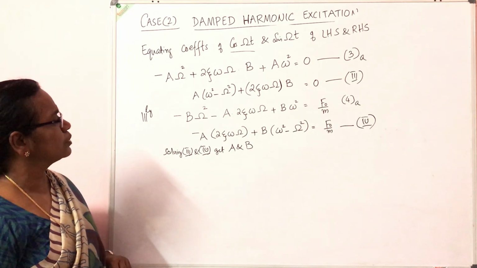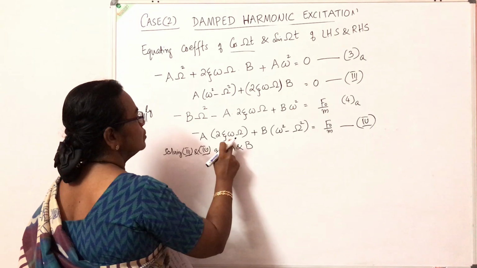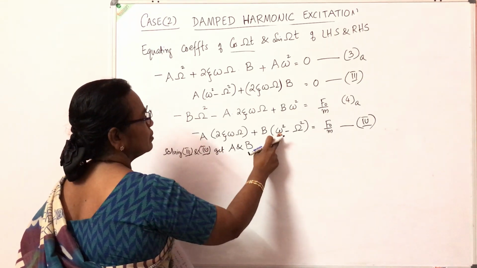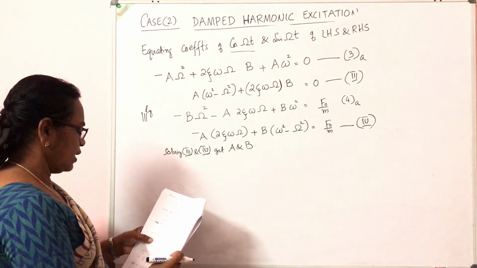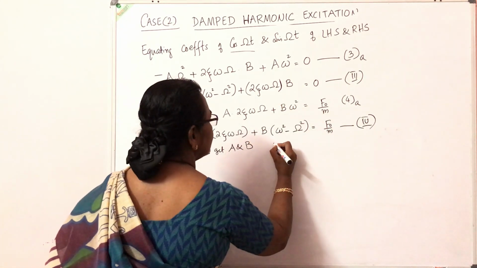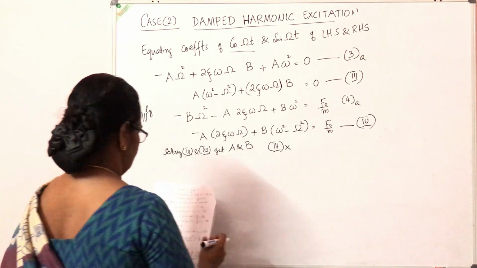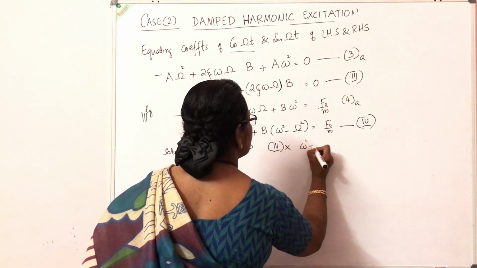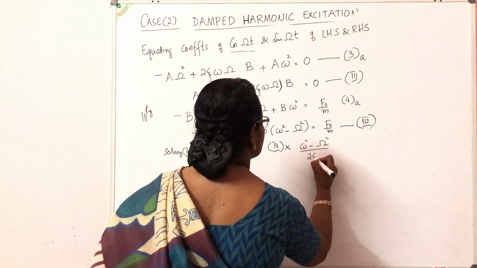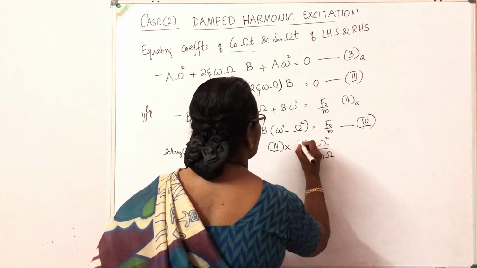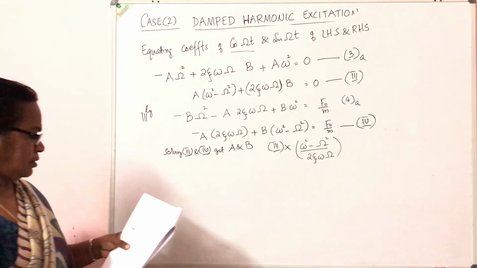So for that, what will we do? A has the omega square minus capital omega square term here, and B has the 2 psi omega capital omega term. So we multiply equation 3 with (omega square minus capital omega square) divided by 2 psi omega capital omega.